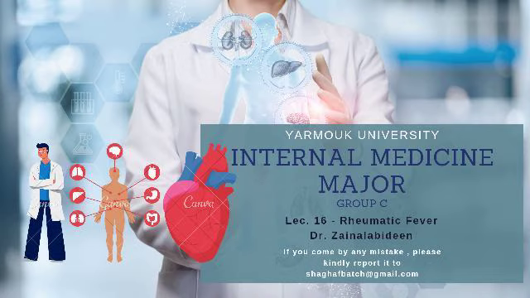75% of the patients have arthritis, and I'm going to speak about the characteristics of this arthritis subsequently. The condition may be associated with rash, carditis, neurological changes, as I said, and we are going to categorize them gradually.